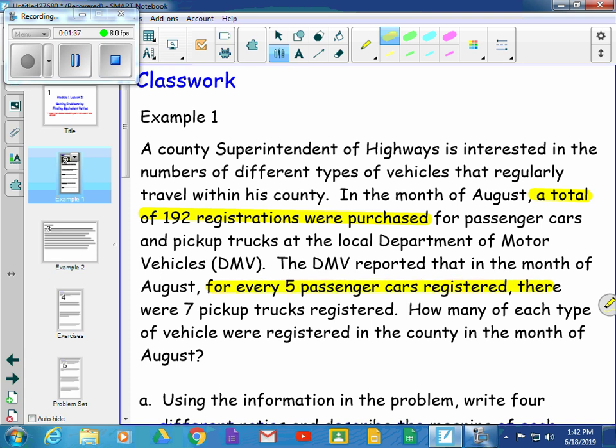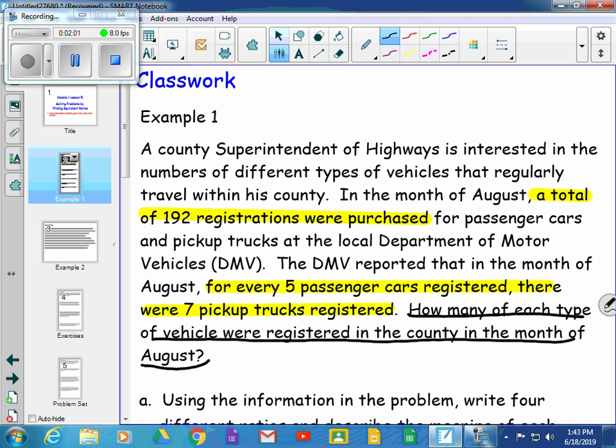Also, it tells us for every 5 passenger cars registered, there were 7 pickup trucks registered. Notice it begins with "for every." That's ratio language. That tells us that we're going to be working with ratios here to solve this. Another thing that we're given in our goal: we want to use that information to find how many of each vehicle was registered in the county in the month of August.